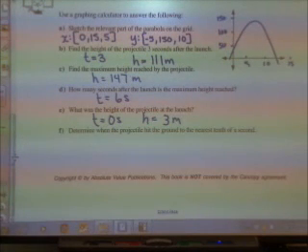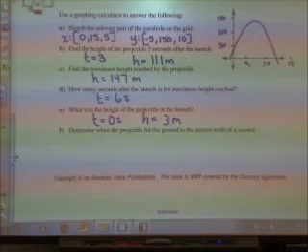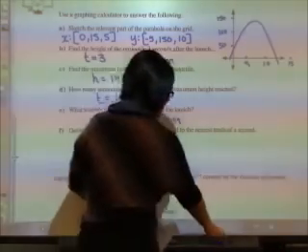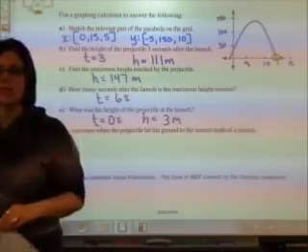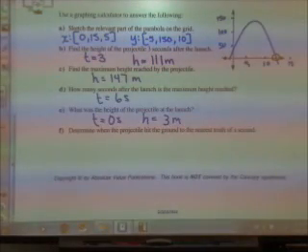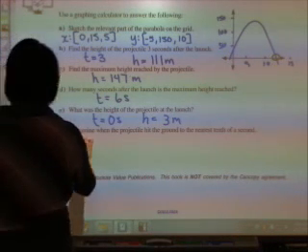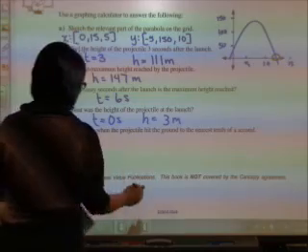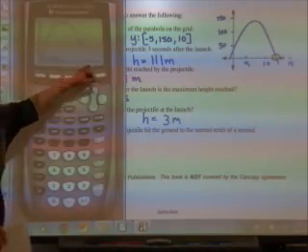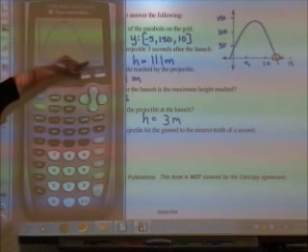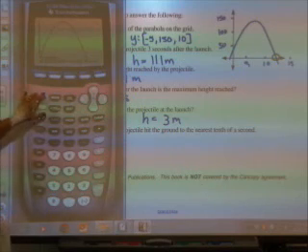And question F says, determine when the projectile hit the ground to the nearest tenth of a second. So where it hits the ground is right here. What feature of the graph would allow me to find that spot? The 0. So I'm going to find the 0. And this is why I said start with a -5, because then you can see the x-axis to be able to do your 0.